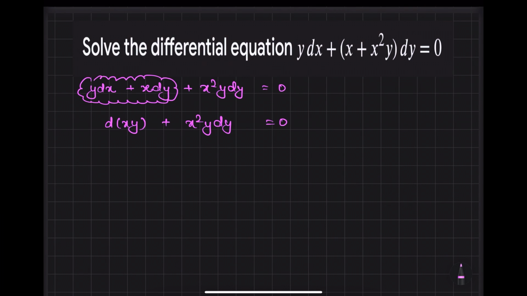Now if you are observing d of xy, you should have all the elements in terms of xy. Here you are handling dy, which means you should have all the elements in terms of y. So what should I do? Can I divide both the elements?